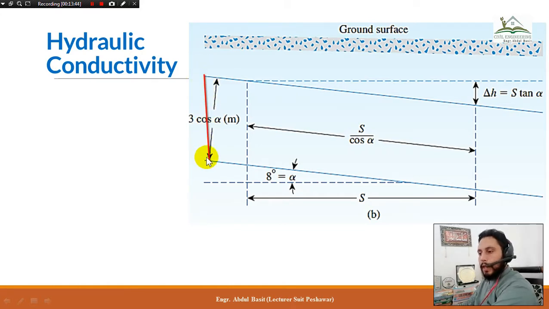And this is the complete cross section of the soil sample, which is perpendicular to the flow of water. This is the cross section we need to determine, and for this cross section the area needs to be determined. As in the previous laboratory test, we are going to determine the area that is perpendicular to the flow of water.